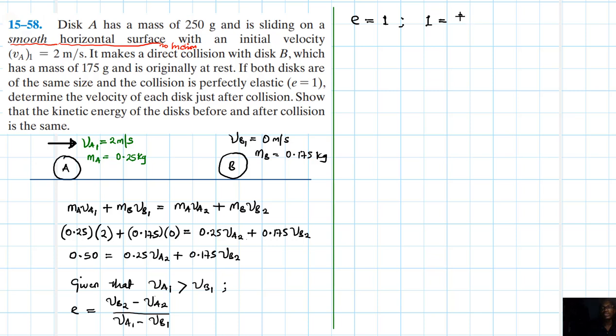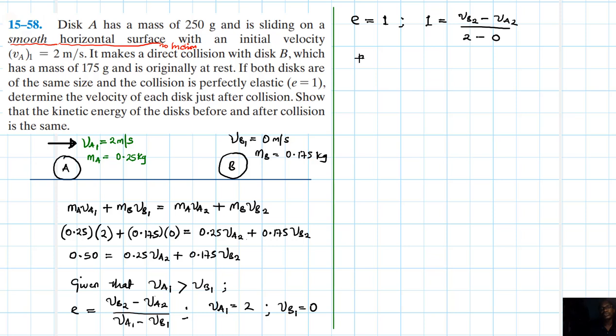VB2, we know it just as VB2 minus VA2 divided by VA1, which is just a 2. So we know here that our VA1 is 2 and our VB1 is 0, so minus 0.